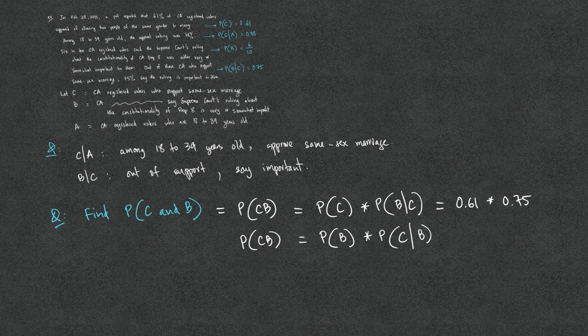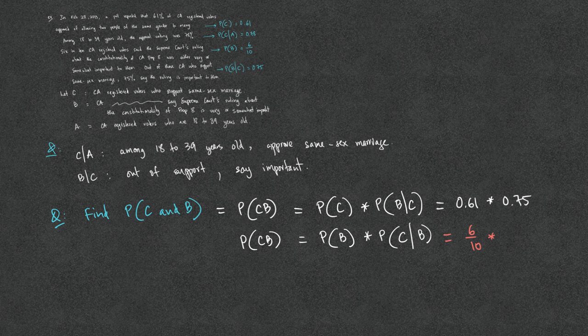What about the second formula? Yes, we have the probability of B, which is 6 out of 10, times the probability of C given B. We don't have this.